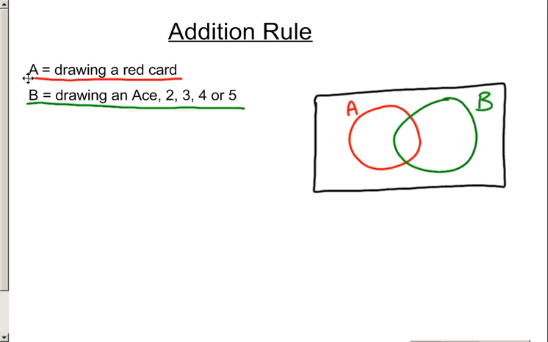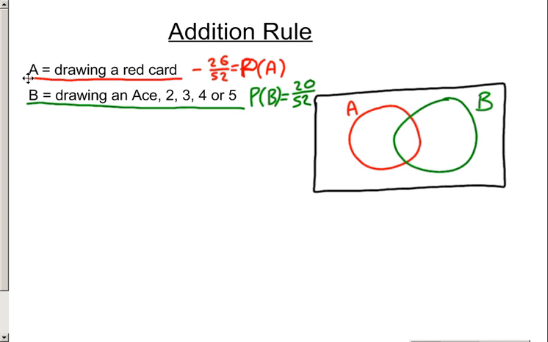Well, we know there are 26 red cards in total, so the probability of A is 26 over 52, and the probability of B is, there's 1, 2, 3, 4, 5 of them, and there's 4 suits, so that's 20 over 52.